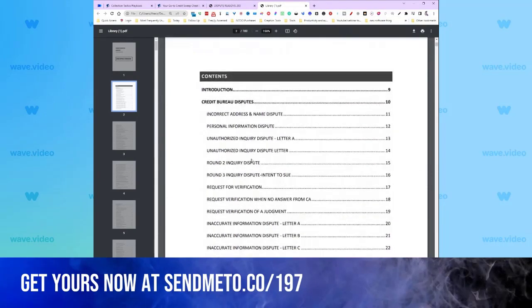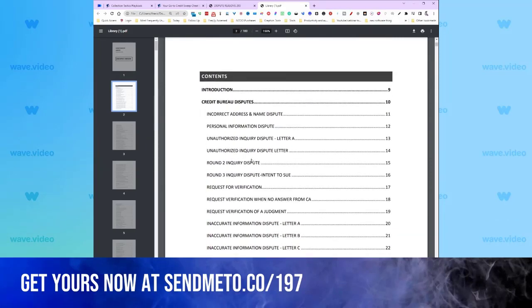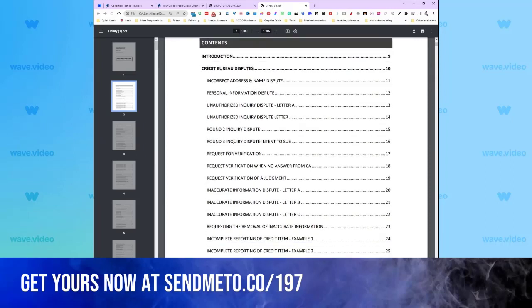All right. So, this literally covers everything you could possibly think of for writing dispute letters to the credit bureaus. And no, you are not writing them verbatim. Okay. You are obviously going to change things. This just gives you a structure to understand what type of dispute you should be sending out for that specific situation.